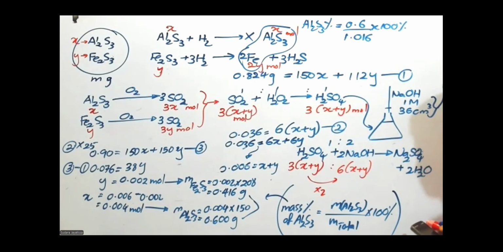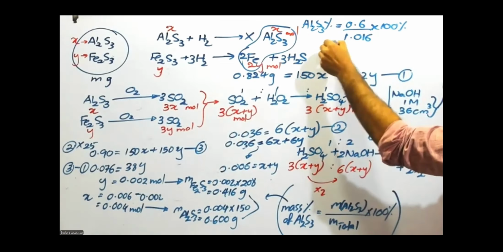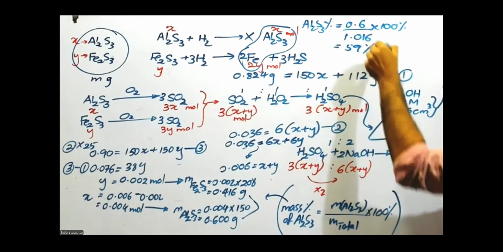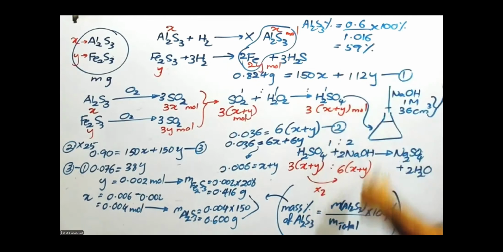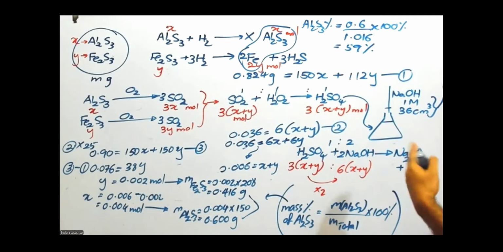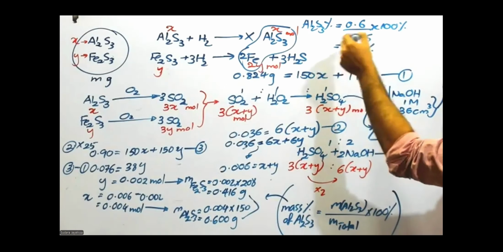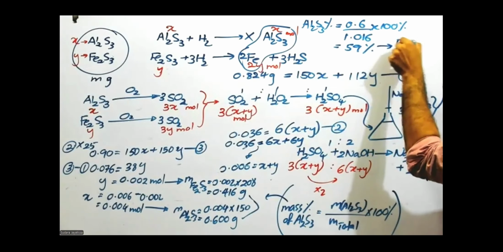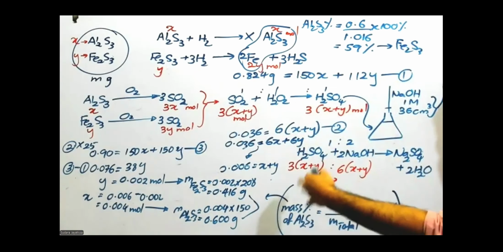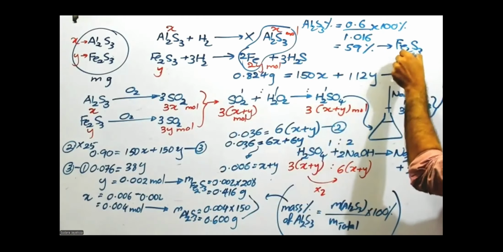Without doing that, you have to divide 0.6 by 1.016. Yes, it is 59%. Don't worry, you will lose only a few marks for the final answer. Normally we have to use a logbook to do this simplification for the final one. If there are only two compounds now, if you found one, then the other one must be Fe2S3. Also, you have to show the simplification, and finally the answer will be 41%.